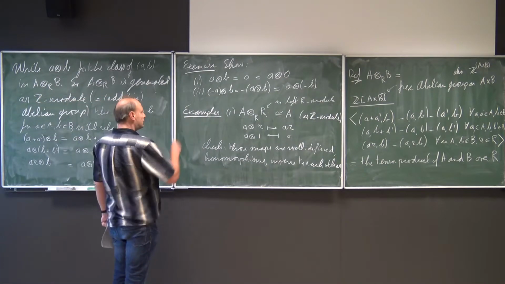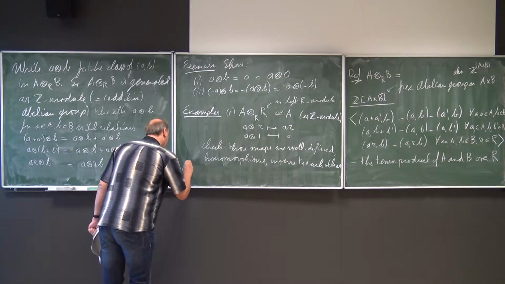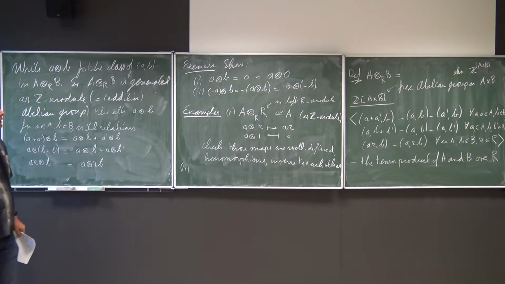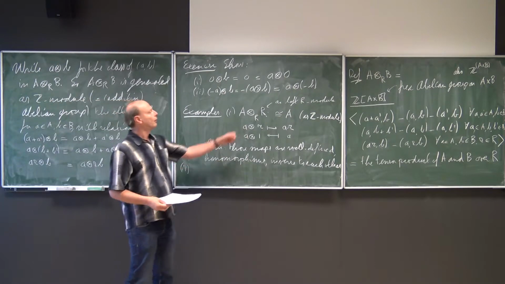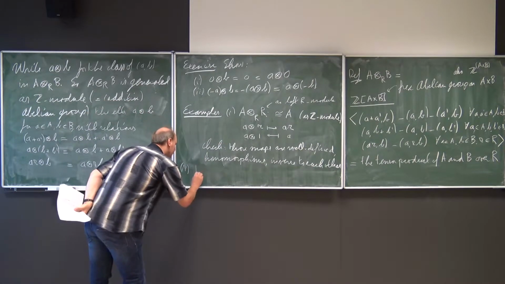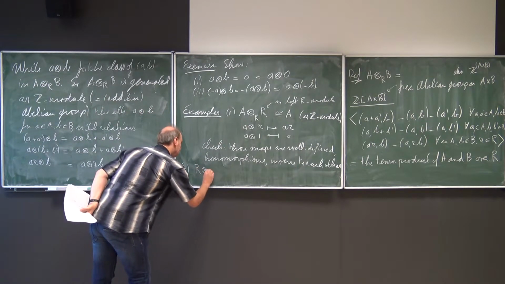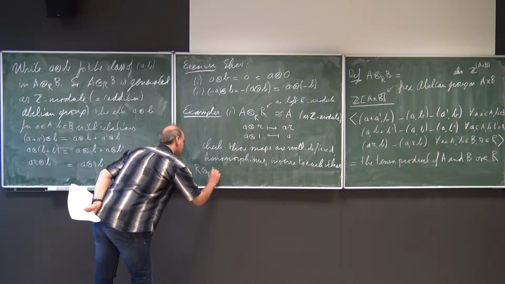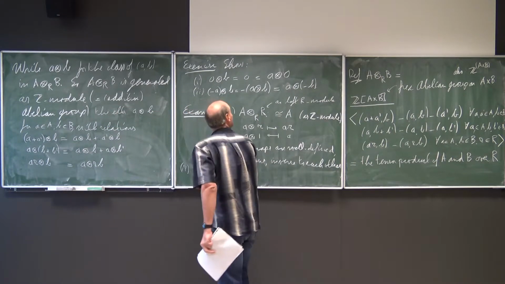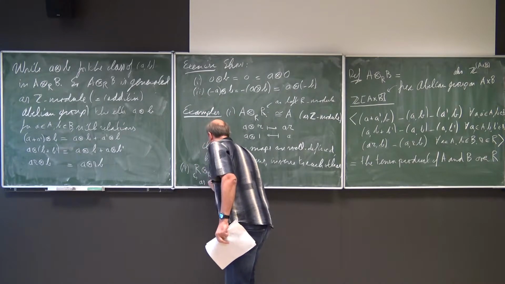Well, that is what happens if you put the R on the right in the tensor product, so it's viewed as a left R module. But as I said here, R is both the left R module and the right R module. So I could also put it in the first position and then tensor it with the left R module B. So here this R is as a right R module.